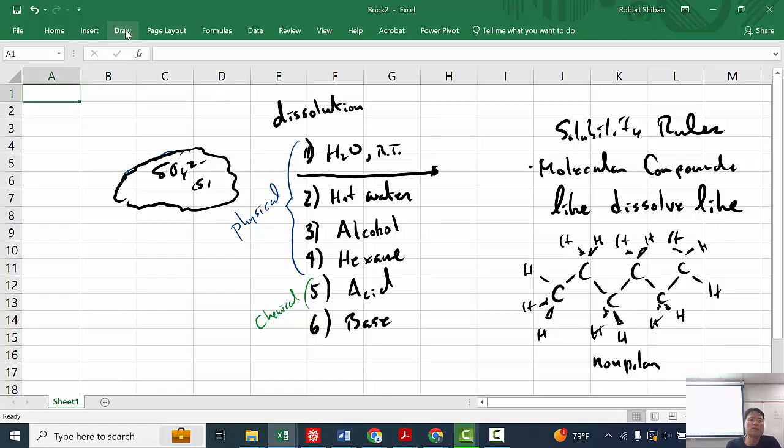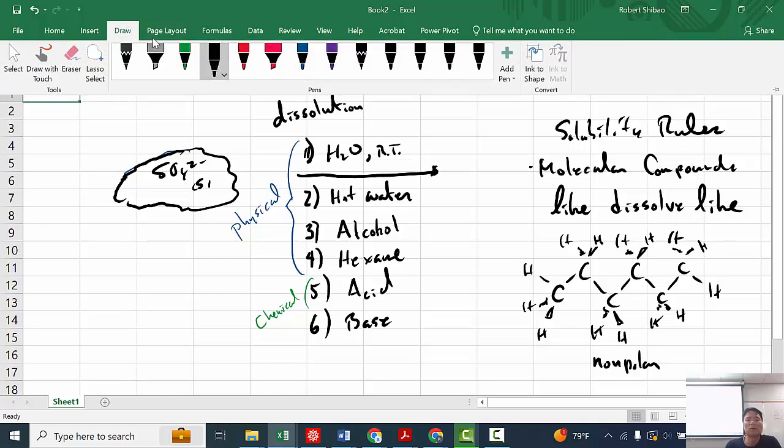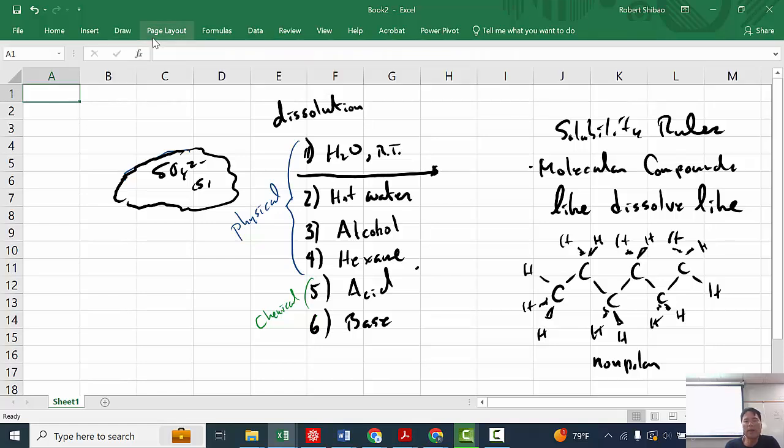Well, it depends on what type of acid we use. Normally we use something like HCl, which is called a mineral acid. But if the mineral acid didn't work, then what we could try to do is use an oxidizing acid.